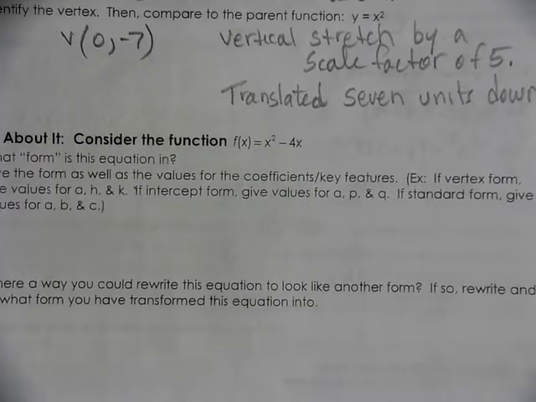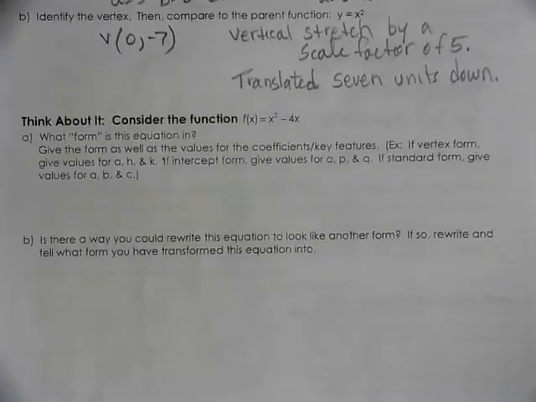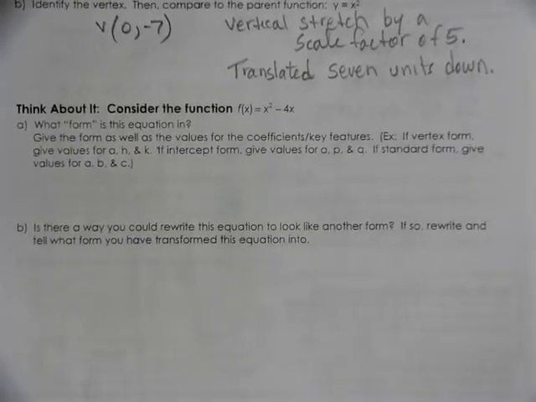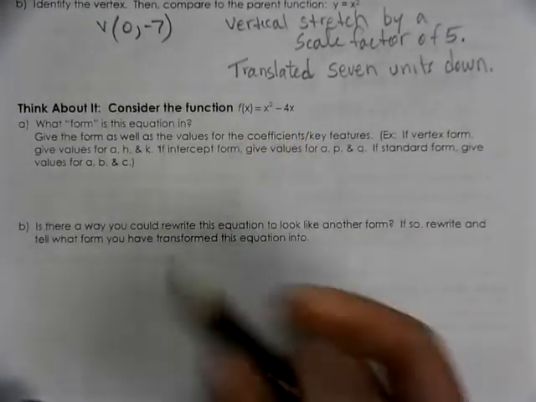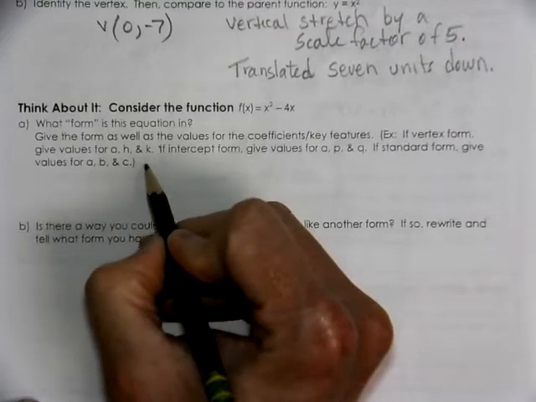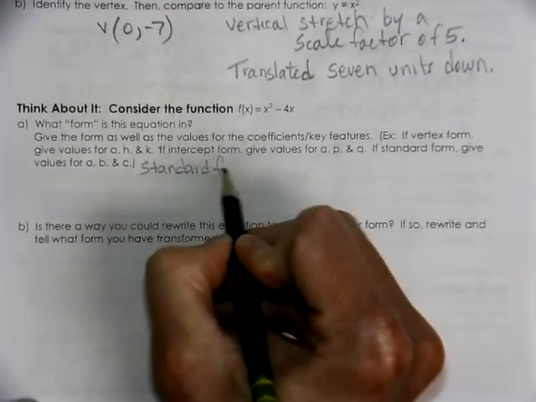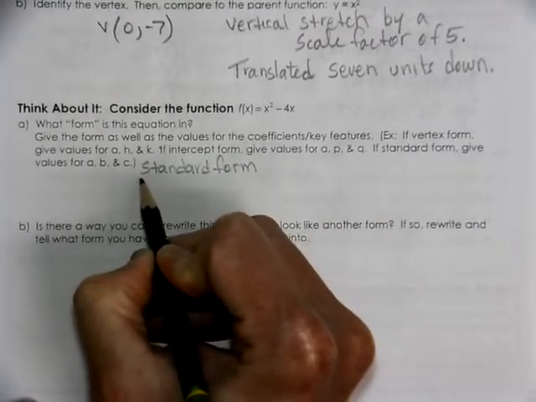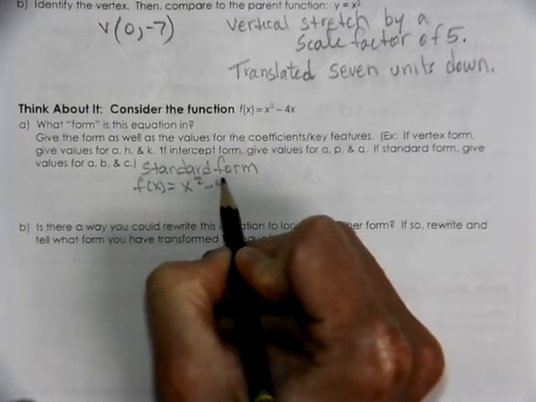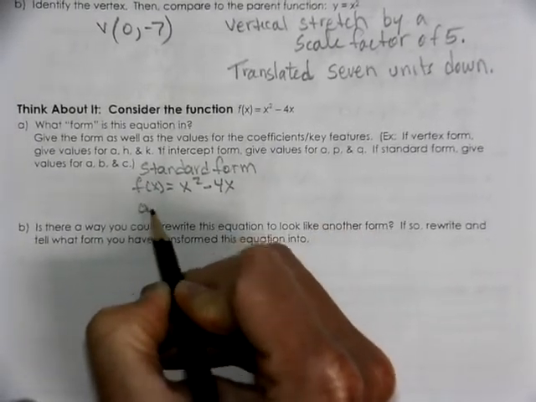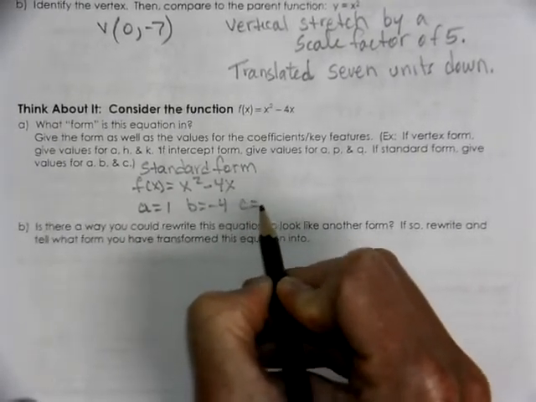Okay, our last one here. What form would you call this one in? All right, most of us might call this standard form. So we have our f of x, we have our x squared, we have our minus 4x, our a value is 1, our b value is negative 4, and our c value is 0.